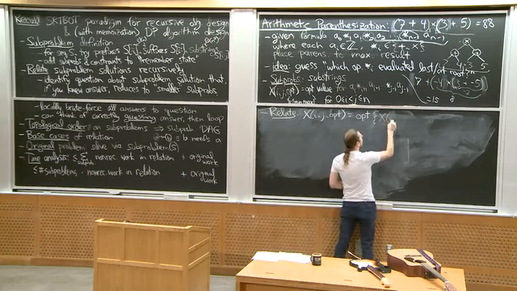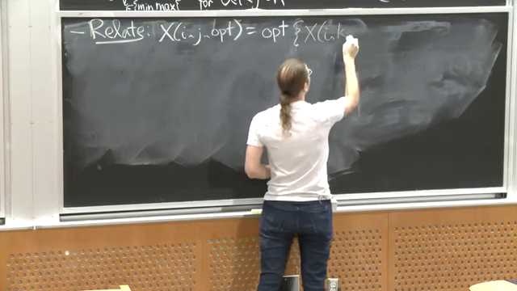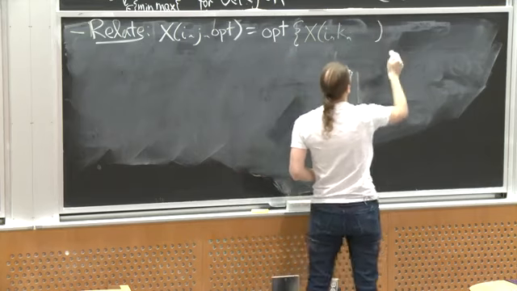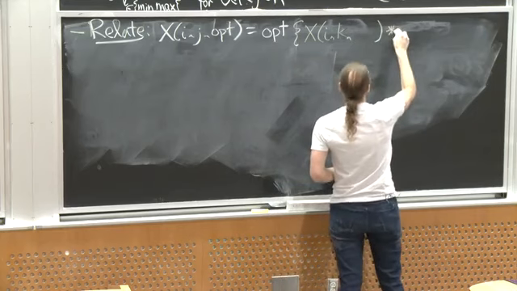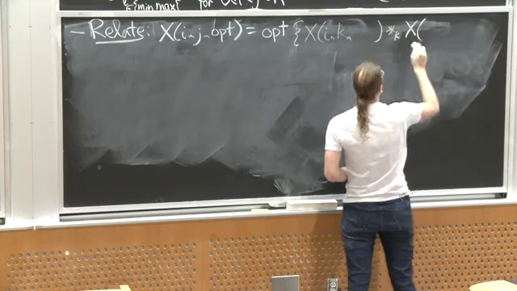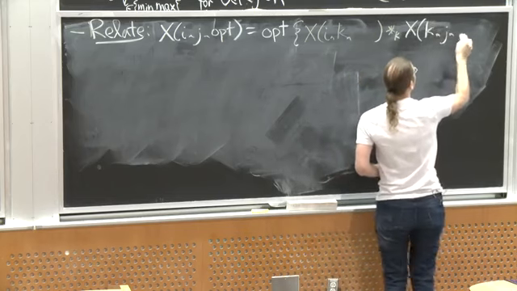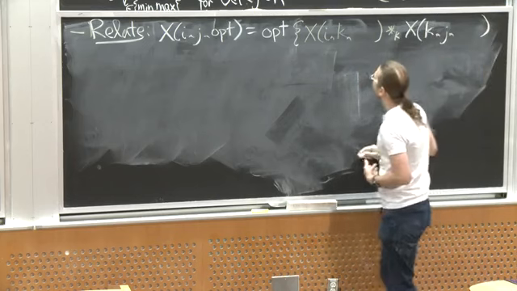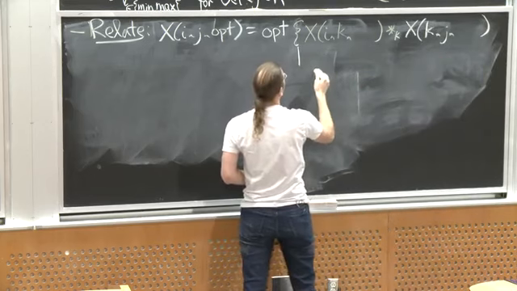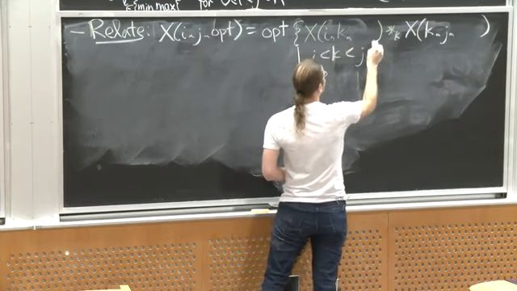So that would be x of i, comma k, comma something. And then we will do operator star k on the part after k, which is from k to j, something. And I'm choosing between, I think, i less than k less than j.